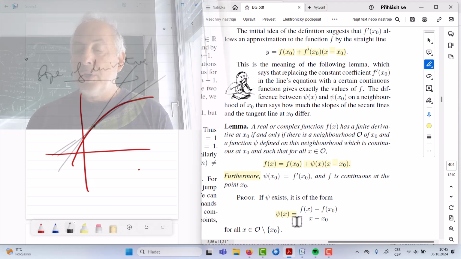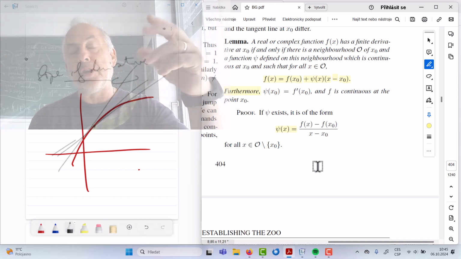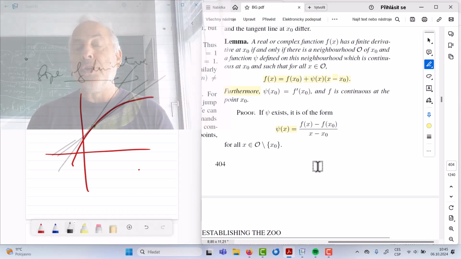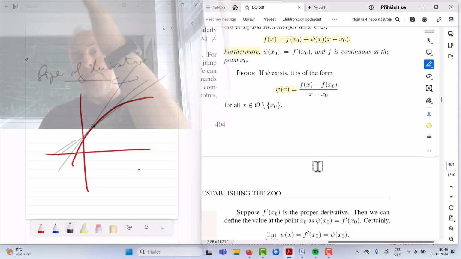But the point is that the derivative of f at x0 exists if and only if this function psi can be continuously completed at x0. So if it exists as a continuous function, then the value of psi at x0 is the derivative. This is of great importance because if psi is continuous and is at x0 different from 0, then it will be different from 0 also on a neighborhood, and therefore we know that having the function f with positive derivative means that the slope of the tangent must be positive, must be going up.